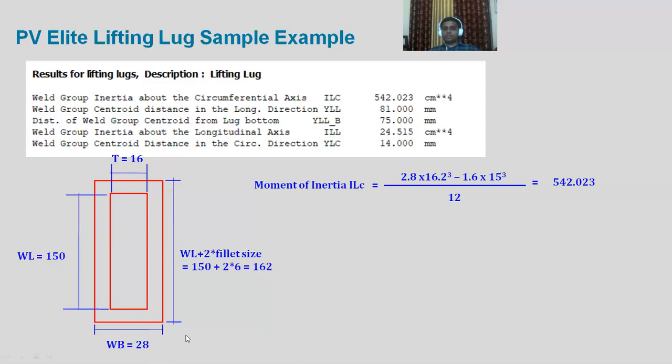So its cube will be 16.2 cube multiplied by the width, which is 2.8. That is for the outer rectangle. For the inner rectangle, its higher dimension is 150 mm, so it is 15 cube multiplied by 1.6 divided by 12.